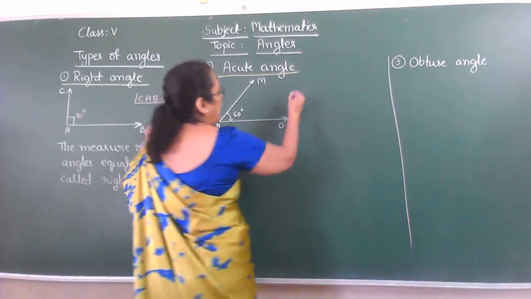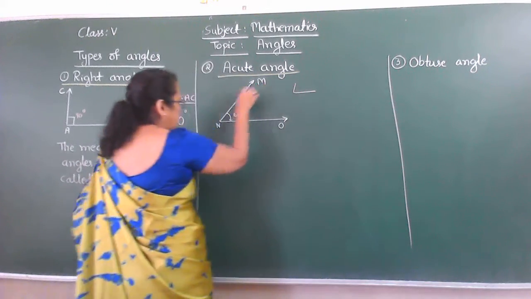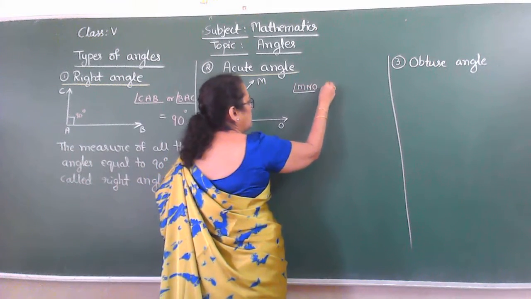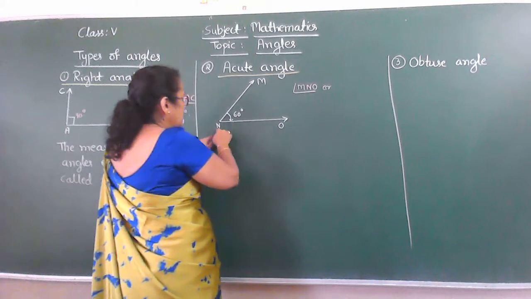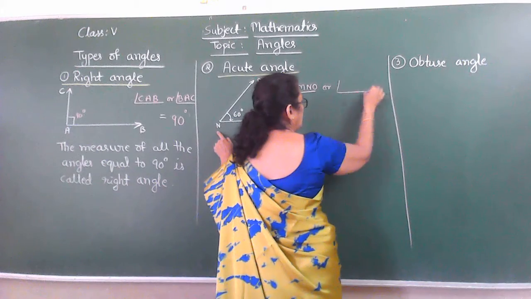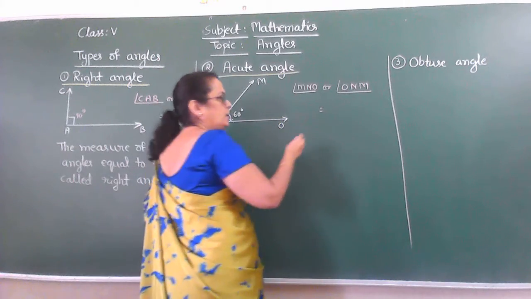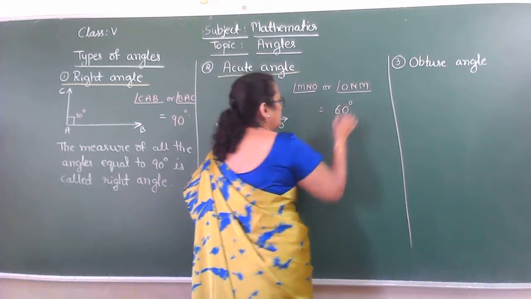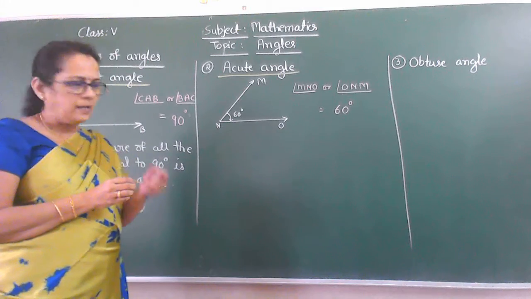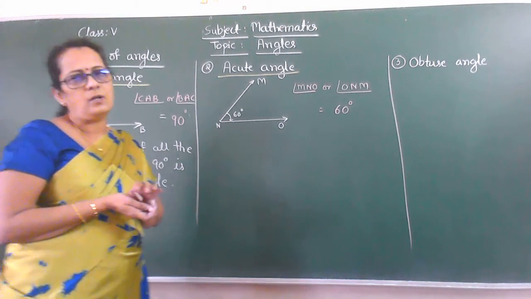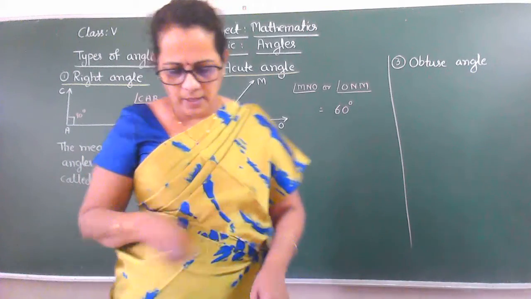Here, angle MNO, or ONM. It is equal to how much? 60 degree. So the angle less than 90 degree is called an acute angle.